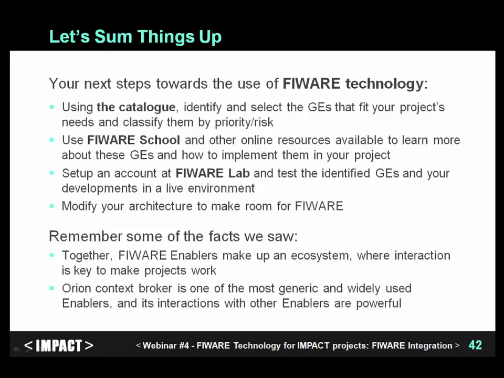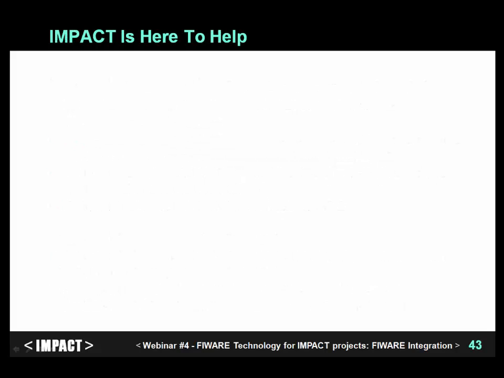Also, remember that Orion Context Broker is one of the most generic and widely used enablers, and you should keep it in mind whenever you're deciding which enablers to use in your architecture. And of course, its interactions with other enablers are very powerful and make the whole thing much more valuable for you.